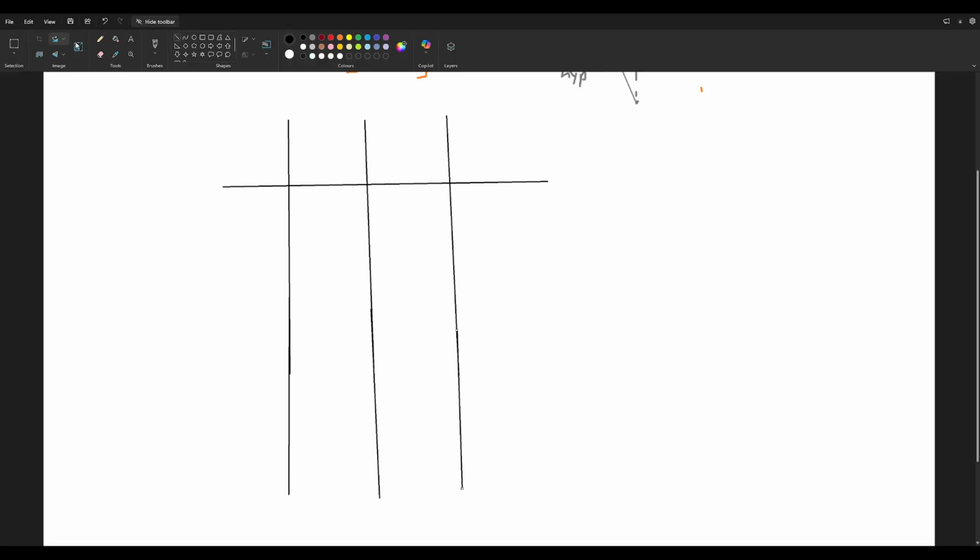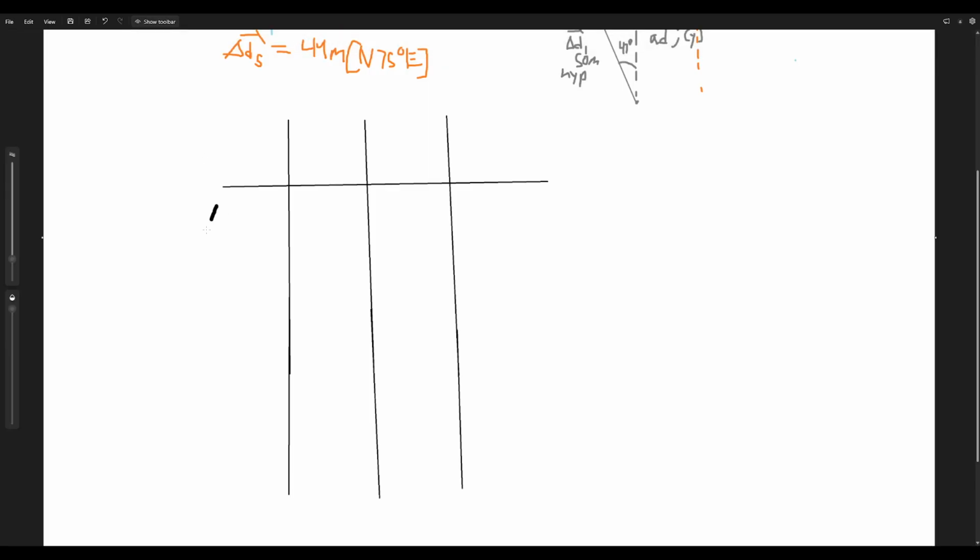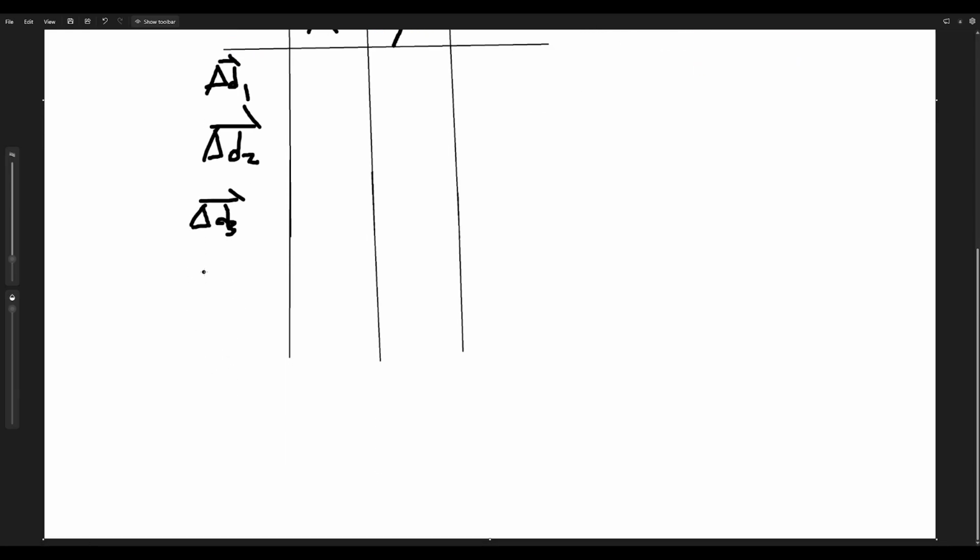And now what we have to do, and in my opinion this is the most time-consuming part, is write all these displacements down and break them up into x and y components based on what information is given about the displacement.